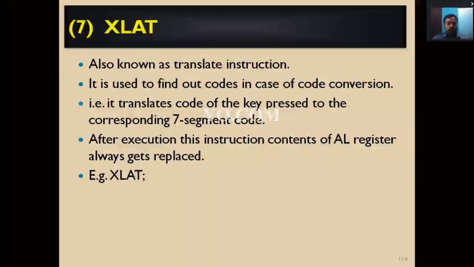In order to display the code that is coming from the input device, the keyboard, it is given to this 7-segment LED through the XLAT instruction, which translates the code into 7-segment code. After executing this instruction, the content of the AL register is always replaced.